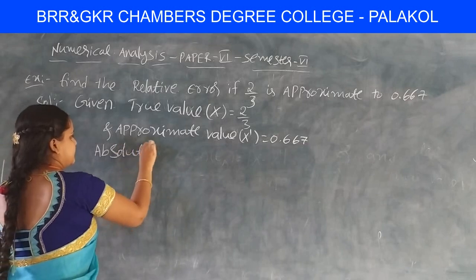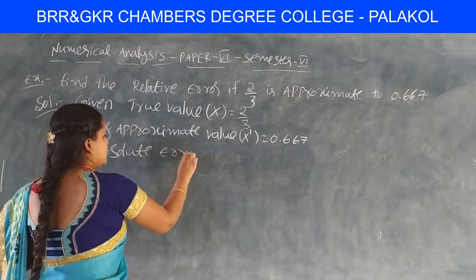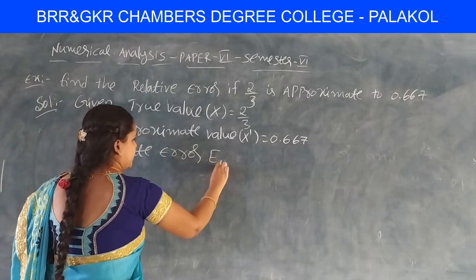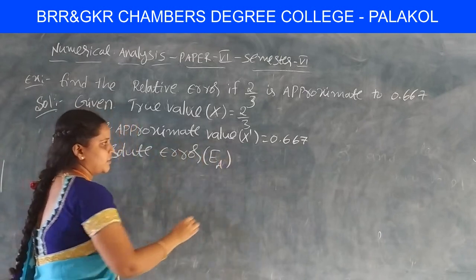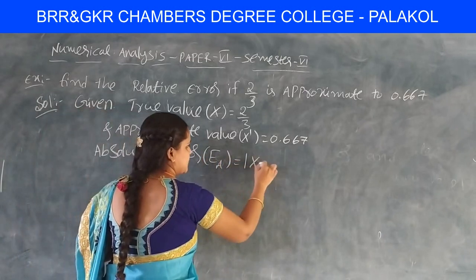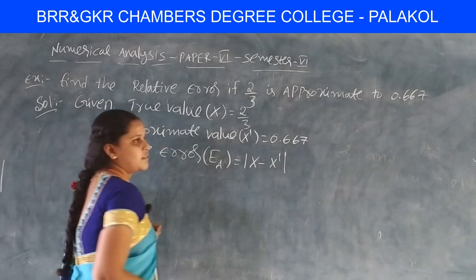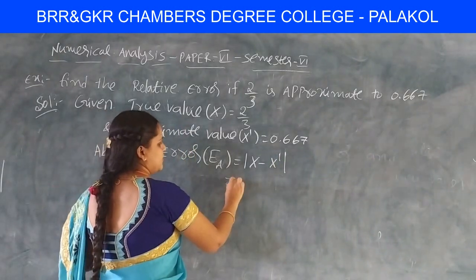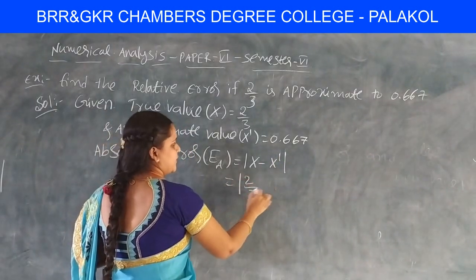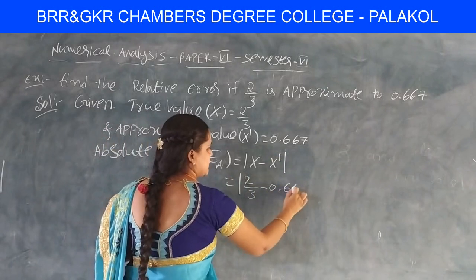The absolute error, indicated by EA, is equal to modulus of x minus x dash, which is equal to modulus of 2 by 3 minus 0.667.